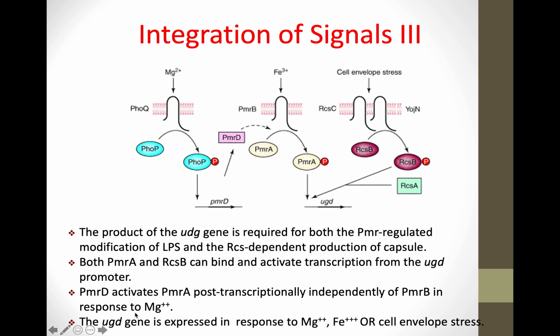But the UGD gene is only expressed in response to magnesium, iron and also the cell envelope stress when it occurs. So that means that there are three kinds of mechanism to get the UGD to be expressed, and there are three different TCS that could be used to control the UGD expression.